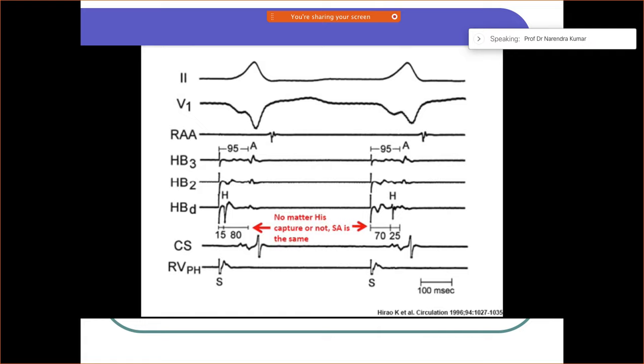So, after having an understanding of all these things, what is the clinical usefulness? This pacing maneuver, as you could see, you do pacing once, but you are able to have multiple clinical applications of it. You are able to document the complete elimination of a septal accessory pathway, not just before, but also after the energy application.